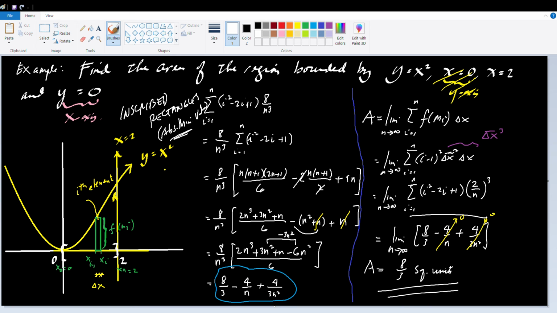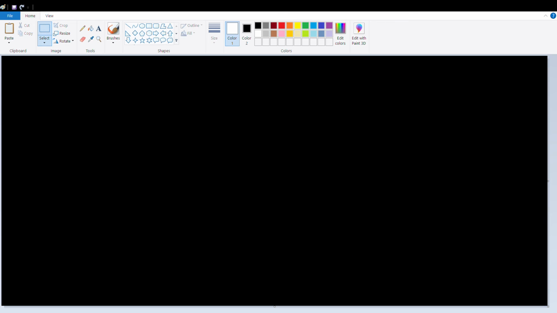Let us work on the same problem, but we use the absolute maximum value or circumscribed rectangle and see whether we will be getting the same result of 8 thirds square units. All right. So we use, alternate solution, the absolute maximum value.